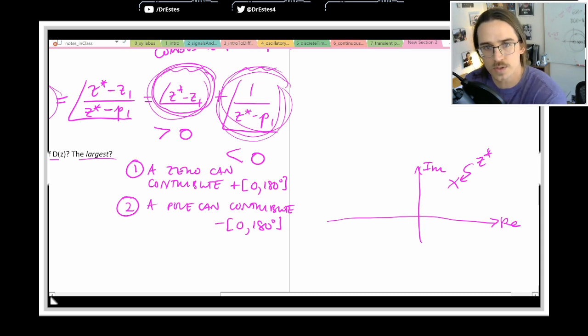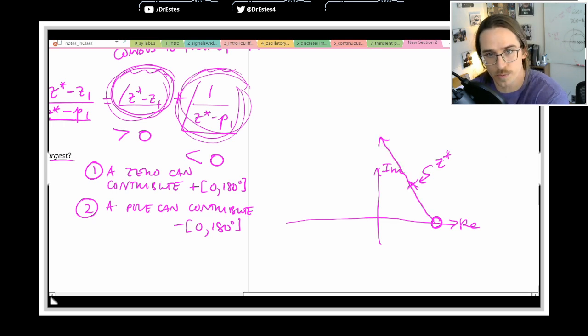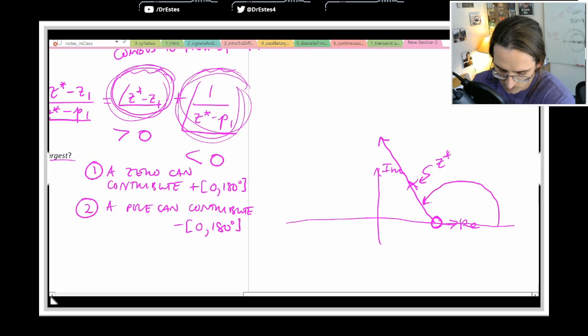And let's say I want to evaluate the angle that a 0 makes with respect to this pole. Let's just put a 0 right here. The way to evaluate the angle is first you draw a ray from the 0 through that target pole. And then you find the angle from the positive real axis over to that ray. This would be the angle contribution of that 0.